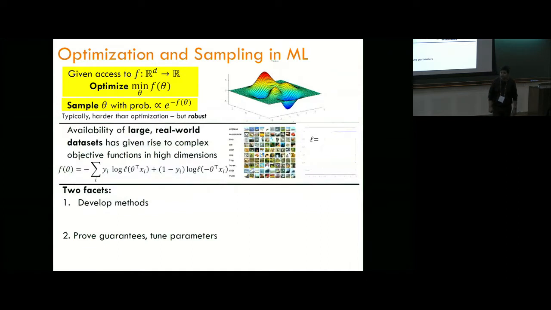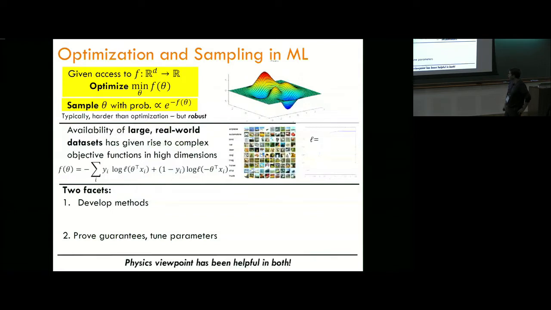And why do you need guarantees? Well, as theoreticians, you might just say, I like algorithms with guarantees, but there's a more practical reason for that. Often guarantees allow you to tune parameters, which is a big deal. Anybody who has tried to work in this area knows that tuning parameters can take a long, long time, and at least guarantees give you some starting points. So that's really what comes with guarantees. These two facets actually benefit from the physics viewpoint, and I'll give you some flavor of this in this talk.